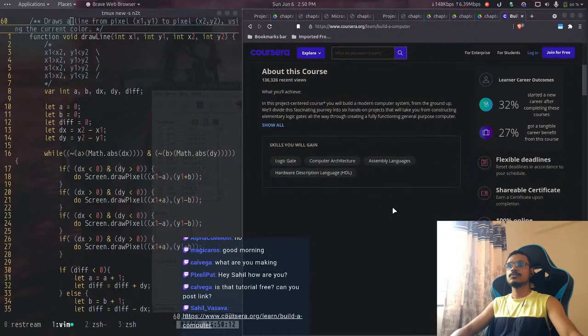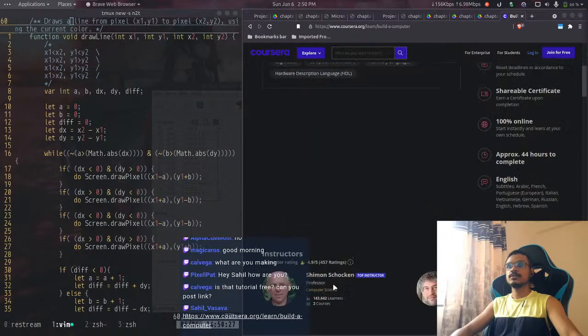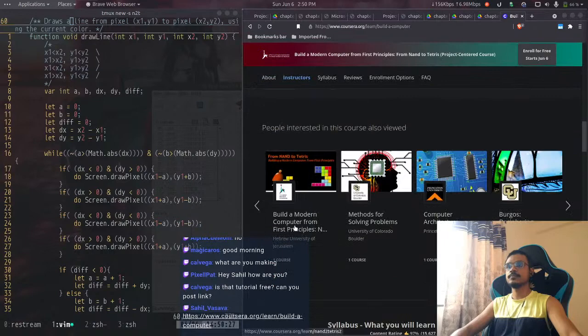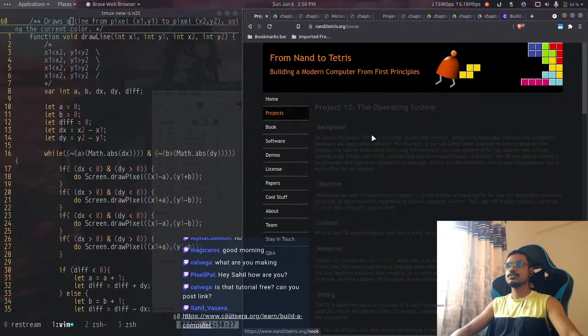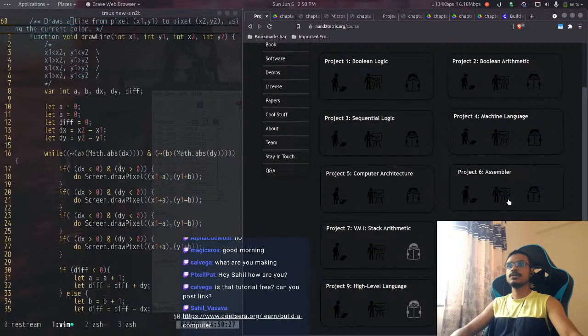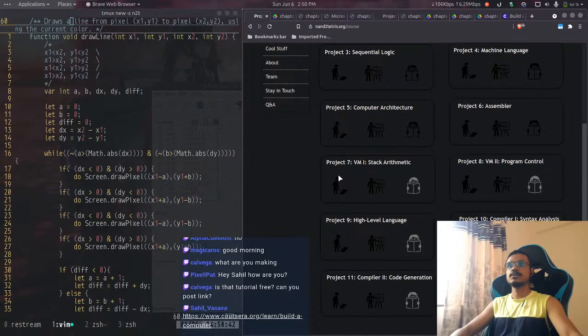So this is the first part, and that's the second part. In the first part, we build up to this project, the assembler, and the second part consists of working with a high level language like this one, Jack, and building a compiler and an operating system.